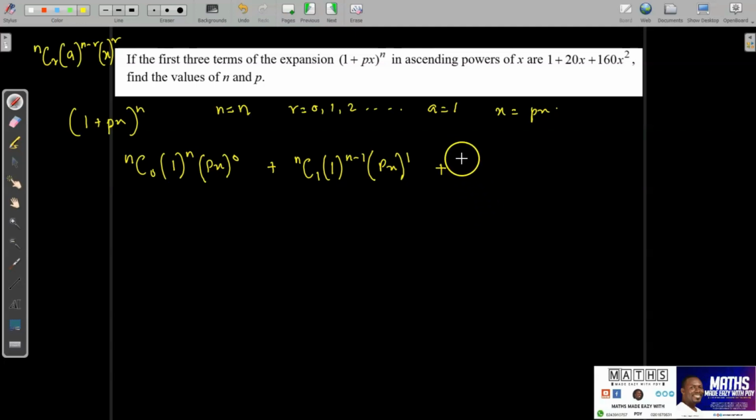N combination 2, 1 raised to the power n minus 2. Good. px raised to the power 2. Perfect. So it means whatever we have here is the same as 1 plus 20x plus 160x squared. But we can add plus dot dot dot because it goes to infinity.